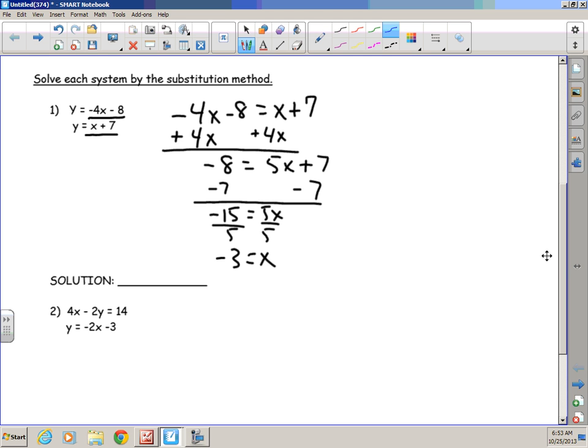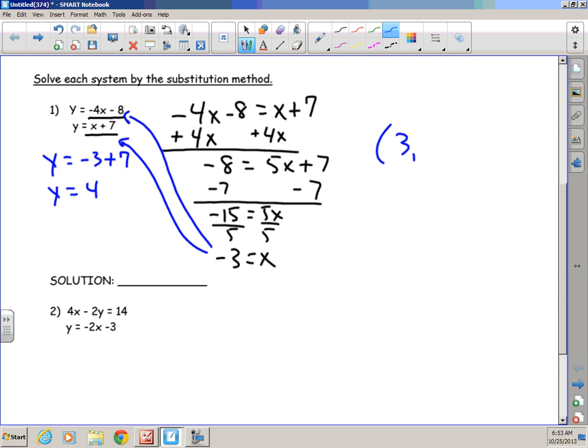I then substitute x into either of these two equations. Always choose the easier, which is the second one. And you figure out that y is 4. So what is your answer? -3, 4.